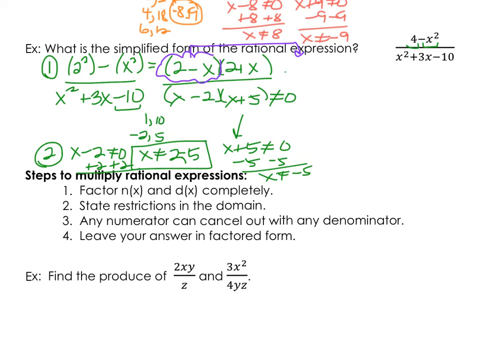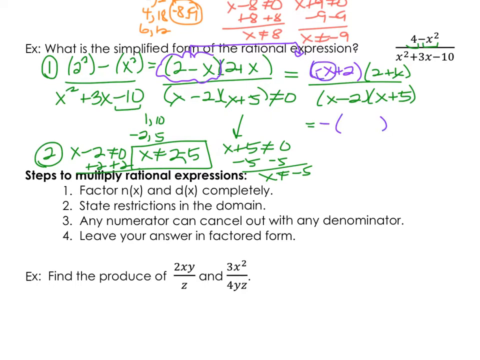So instead of saying 2 minus x, I'll say negative x plus 2, and then I write everything else out, 2 plus x over x minus 2 and x plus 5. What we could do with that purple expression is actually factor out a negative. So I'm going to take that first part, and if you factor out a negative to the outside, that would make negative x become positive, and positive 2 actually become negative.